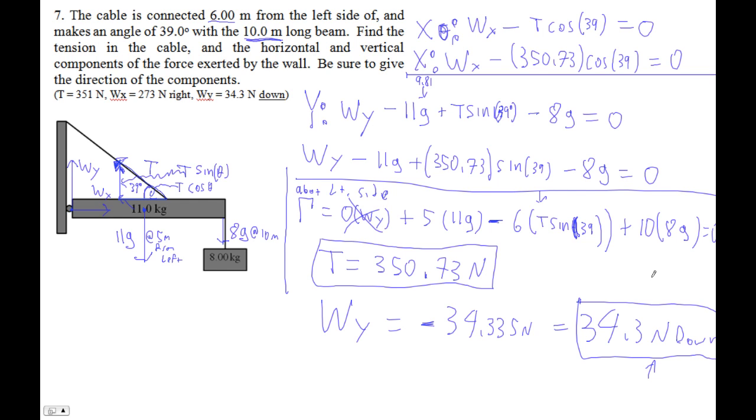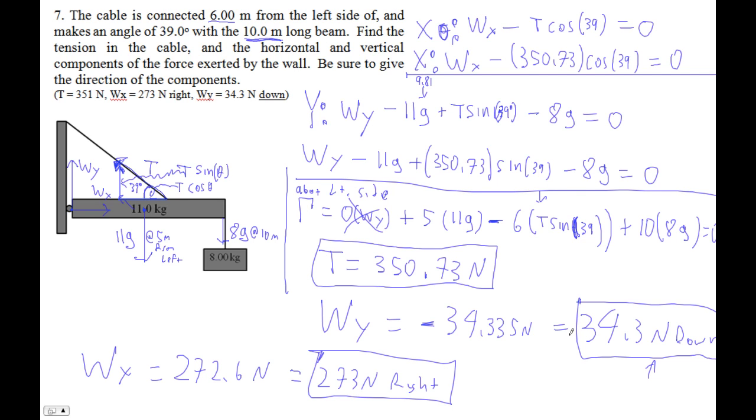Okay, so grab that number times cos 39. Here we go. 272.6. So the wall in the x direction is 273 newtons to the right. Ta-da!